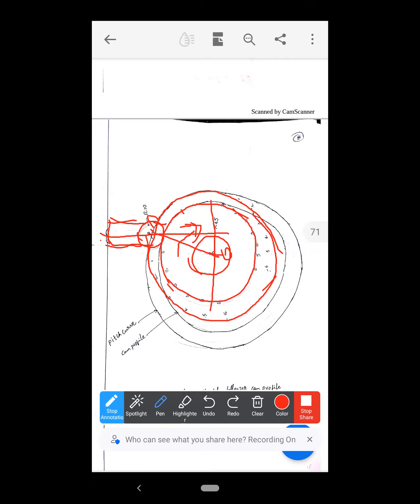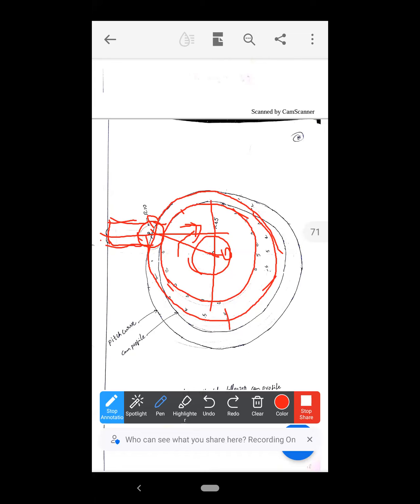Take the protractor and place it on the OP line, with O as the center of the protractor. Now mark the outstroke period, that is 120 degrees. Divide the prime circle into 120 degrees, 60 degrees, 90 degrees and 90 degrees.